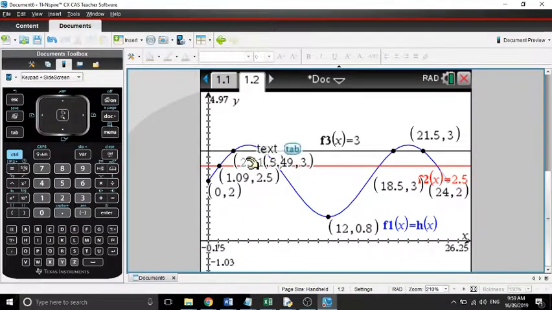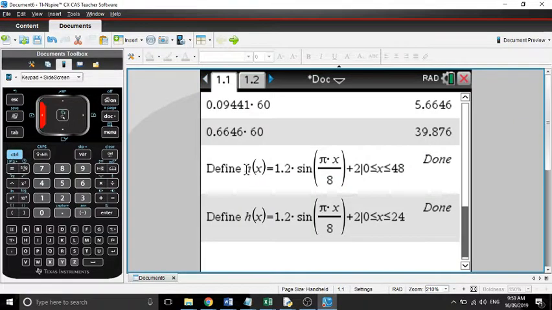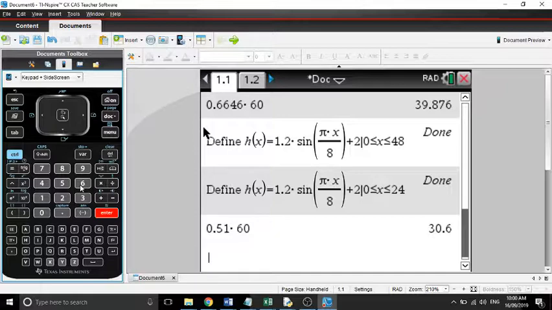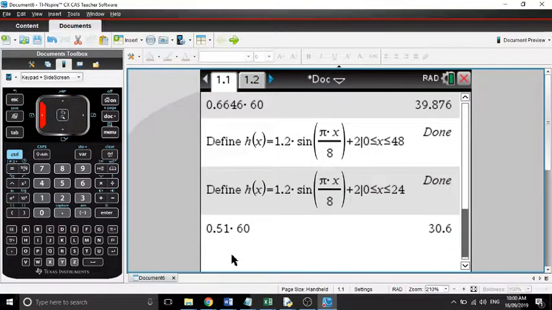So what we're going to do is take that and multiply by 60 to convert it to minutes. So 30.6. So at 2.51, that means at 2:31, because it's going to the nearest minute, so it happens at 2:31.